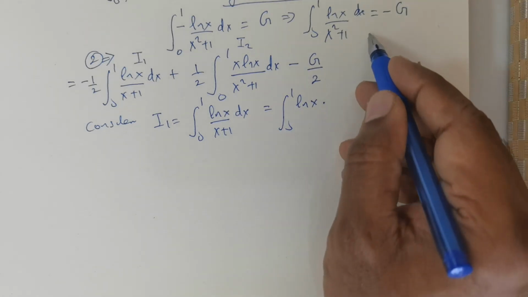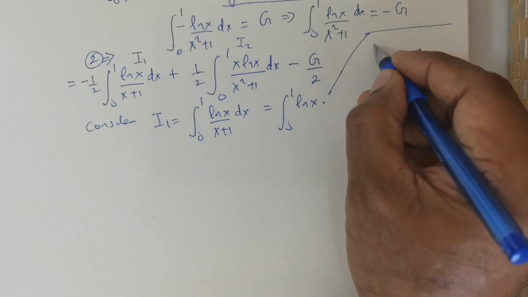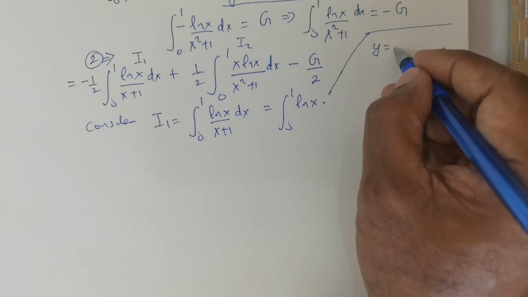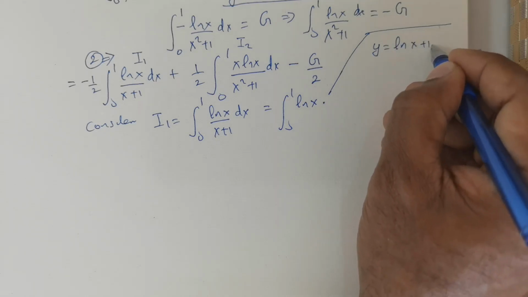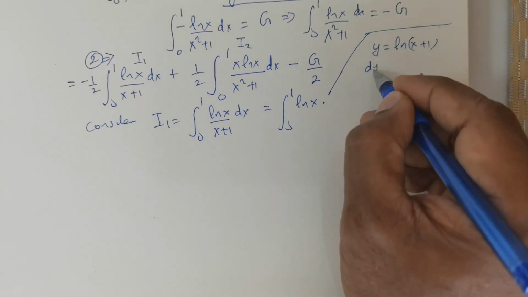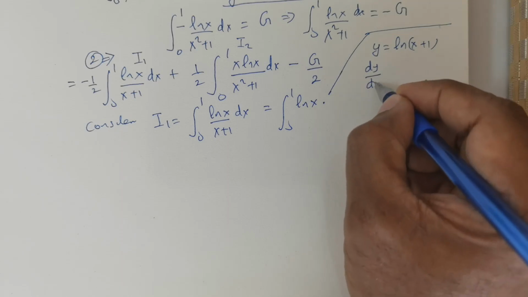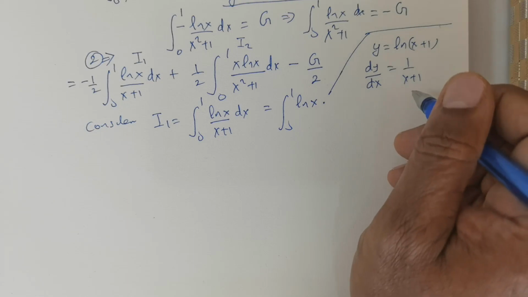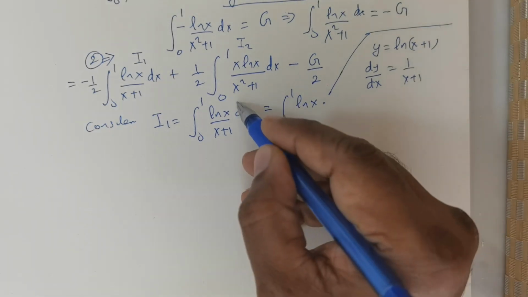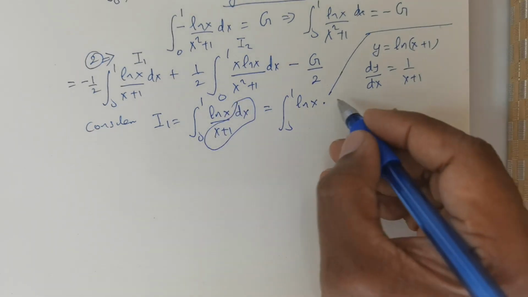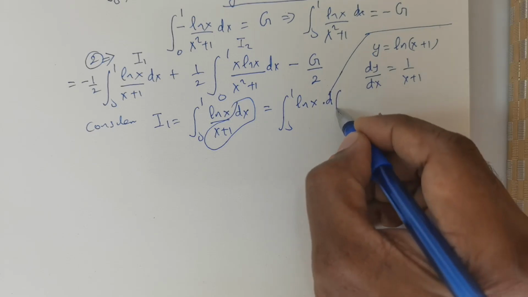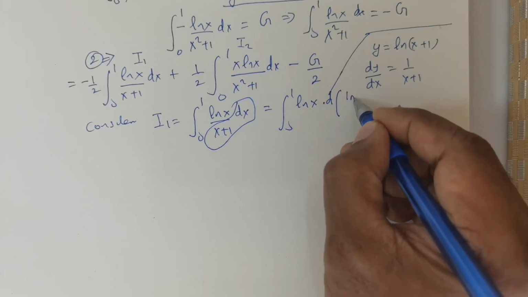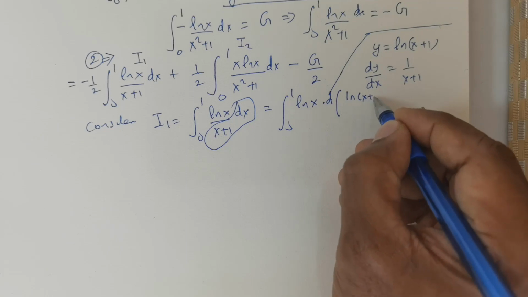Now if you were to take, say, y = ln(x + 1), and differentiate this, dy/dx is going to be 1 over x + 1, right? So is it okay if I club these two terms and write them as d of ln(x + 1)?